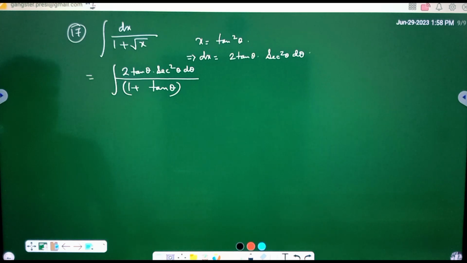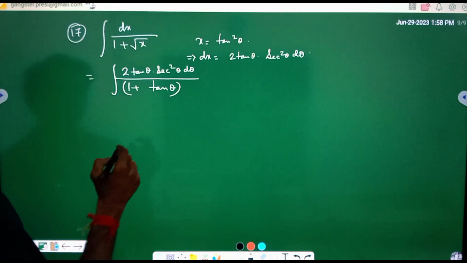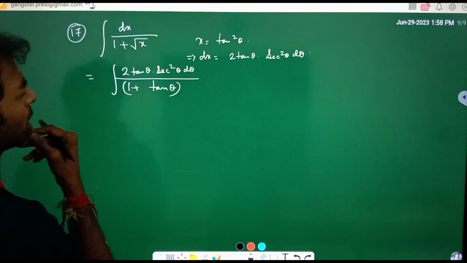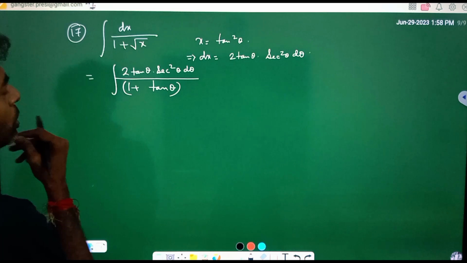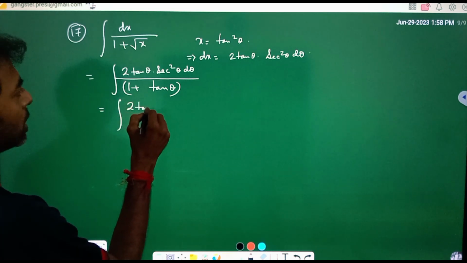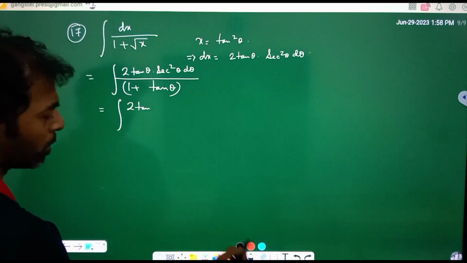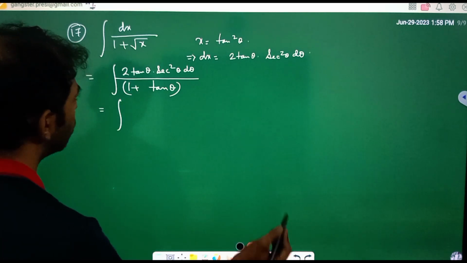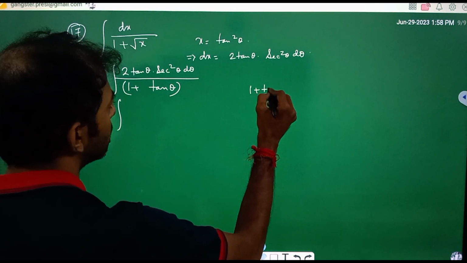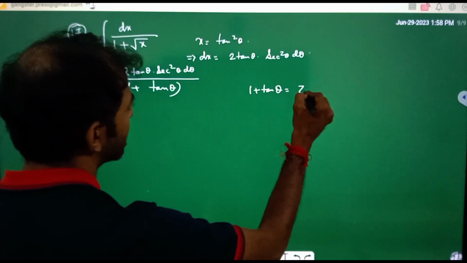Okay, no problem. Now, what will be the procedure here? Sec square theta equals 1 plus tan square theta, we all know that, but that's not going to help here. I think a double substitution is required here. I'm considering 1 plus tan theta as z.